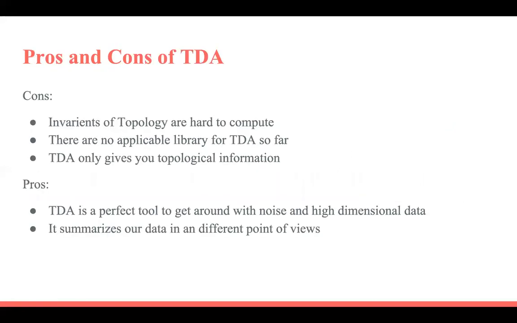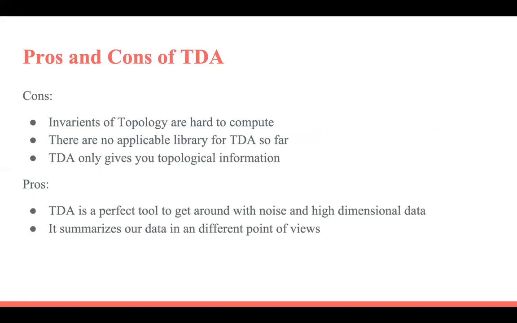So, pros and cons about TDA. The problem of TDA is that invariants are very hard to compute. Unlike other classifiers such as KNN or SVM that can be accessed easily through a Python library, there is no library available right now for TDA that you can simply import into your program, which makes it not applicable.